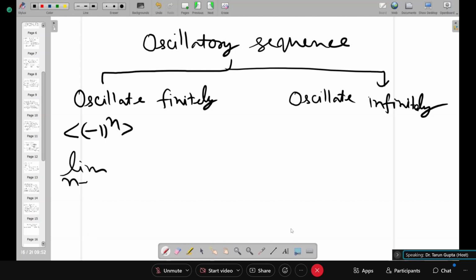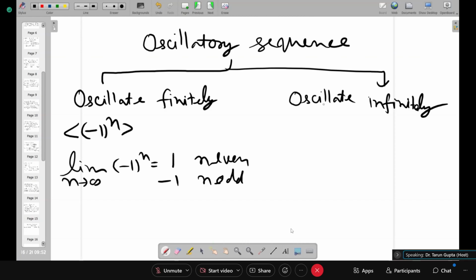If we write the limit of this, then you will get 1 when n is even and -1 when n is odd. Okay, so this is an oscillatory sequence because we are getting finite values but not a unique one. So this is oscillatory.